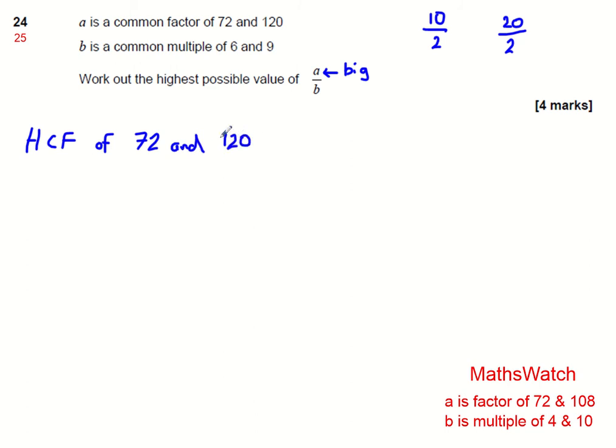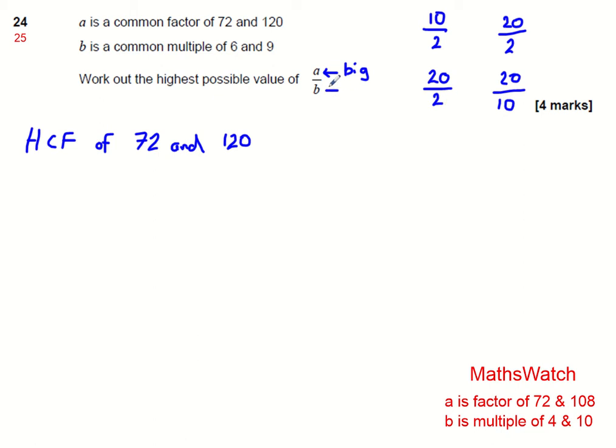Now let's figure out what we need to do with B. So if I once again show you some calculations, if I've got 20 divided by 2 and 20 divided by 10, which of those gives us the bigger answer? 20 divided by 2 is 10, 20 divided by 10 is 2, which means that this first one gave us the bigger answer, which means we need to make the bottom number as small as possible.